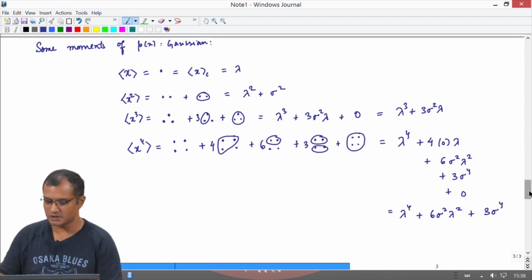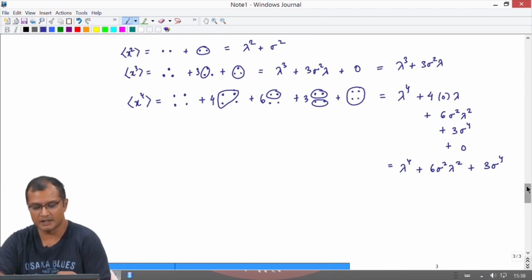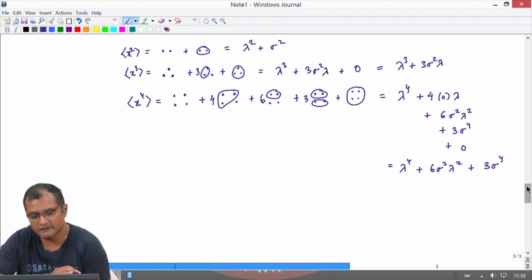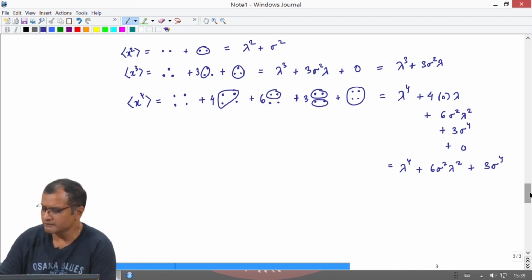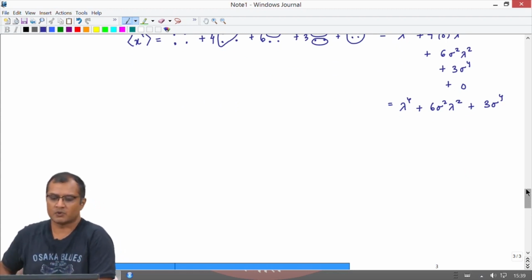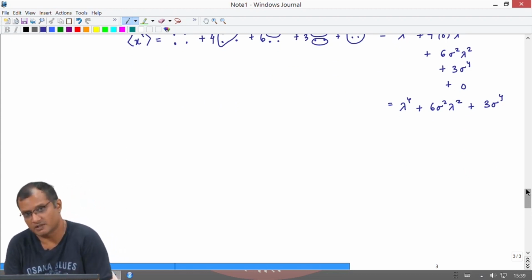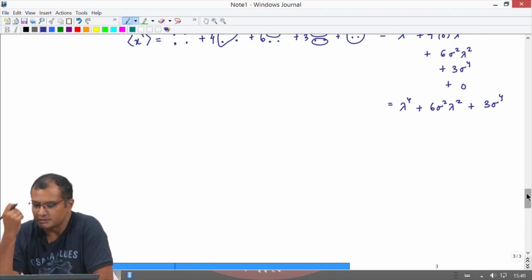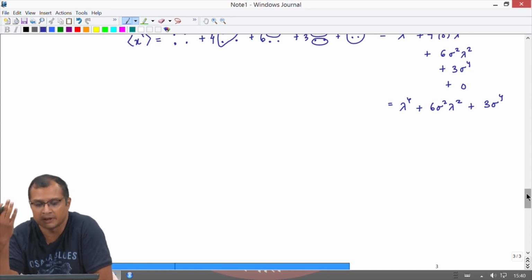So, these are the 4 moments of the Gaussian random variable. This is how you can completely specify the moments and the cumulants of a Gaussian PDF, and what we have learned today is a very important property, a unique property of the Gaussian distribution, that it can be completely constructed knowing just the 2 cumulants.